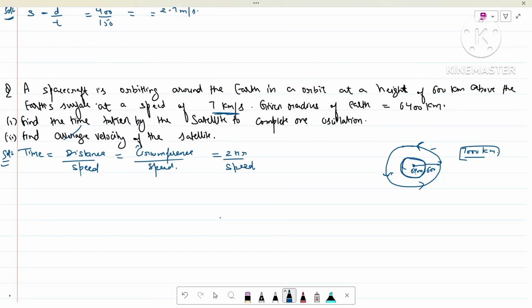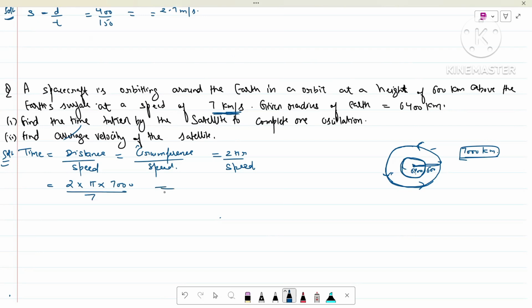Now when the spacecraft is orbiting in this orbit, so its radius will be this, that is 6400 plus 600, 7000 kilometer. Now in this question, we need not convert from kilometer to meter because here speed is also given in kilometer per second and we will get our time value in second. So time will be 2 into pi into radius 7000 kilometer divided by speed 7 kilometer per second.